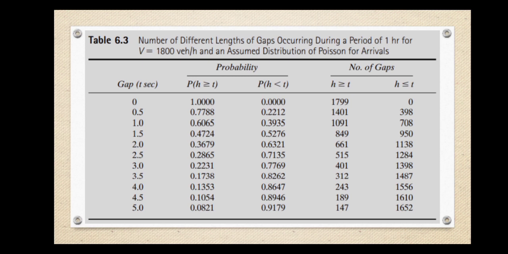The basic assumption made in this analysis is that the arrival of mainstream vehicles can be described by a Poisson distribution. This assumption is reasonable for light to medium traffic but may not be acceptable for conditions of heavy traffic.